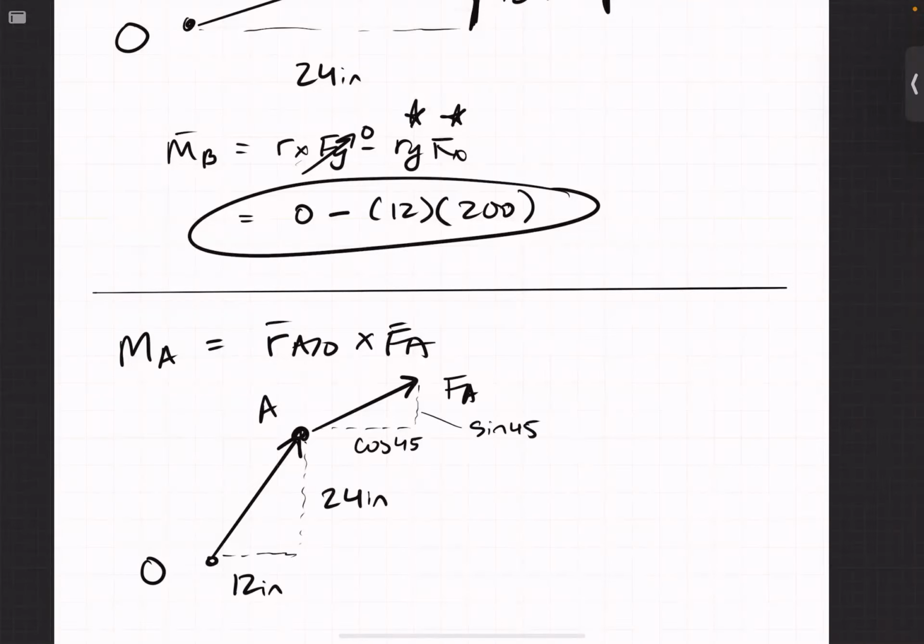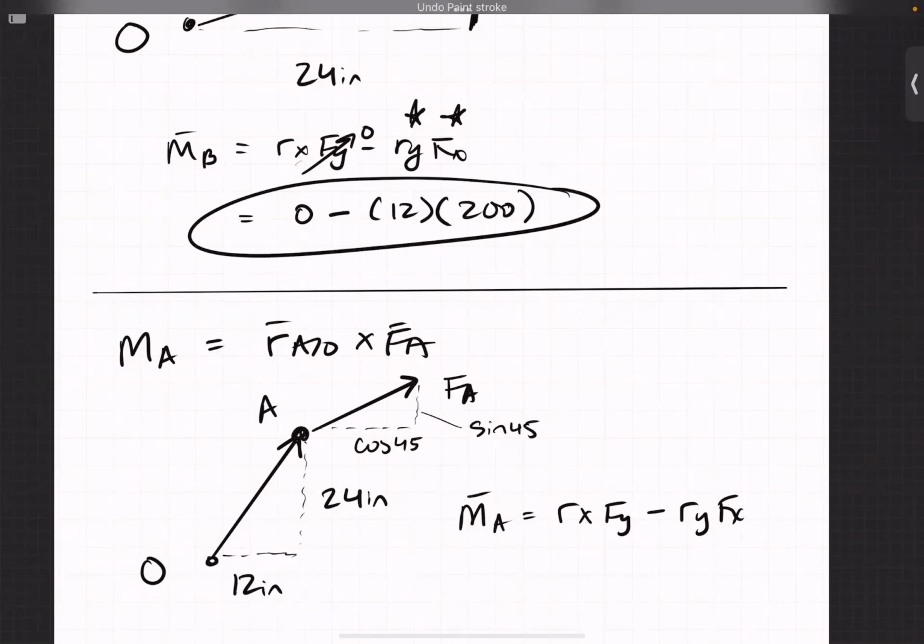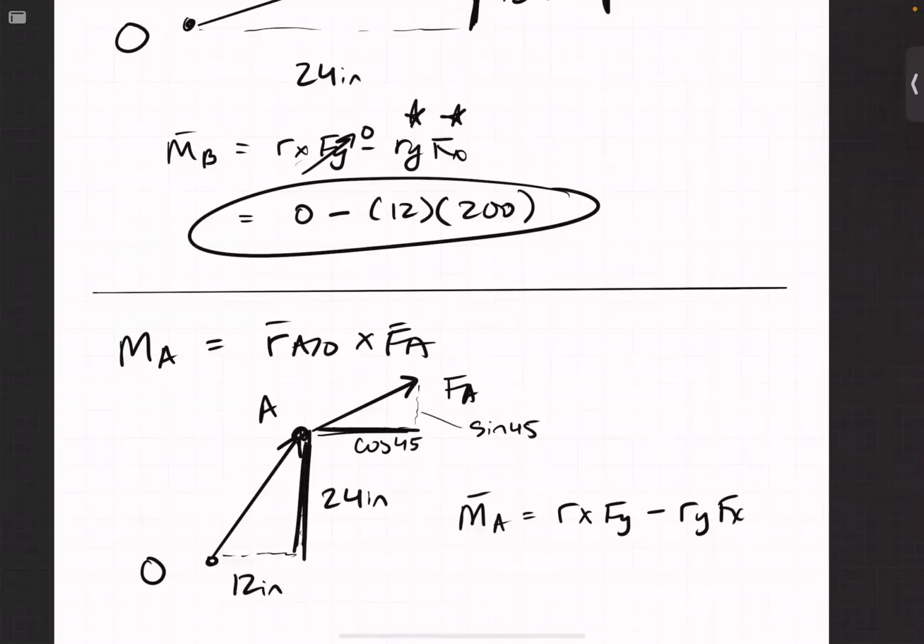There will be two parts to this moment. Moment of A is Rx Fy minus Ry Fx. All of these variables have values. If we wanted to, we could break off the Rx Fy and then break off Ry Fx to look at them individually.